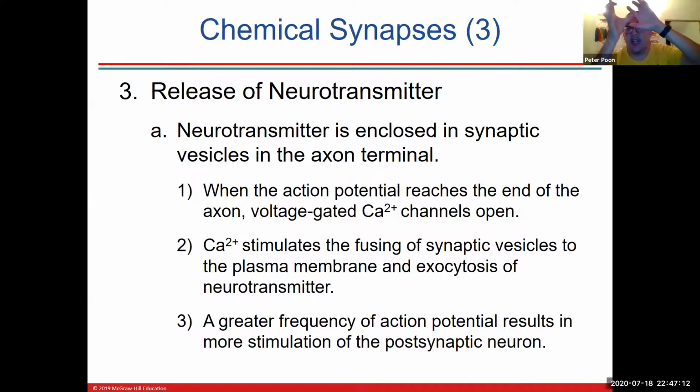That allows calcium to flood in. The calcium flooding in causes the synaptic vesicles to bind and fuse to the plasma membrane. When they fuse, they open up, and the neurotransmitter comes right across the synaptic cleft.